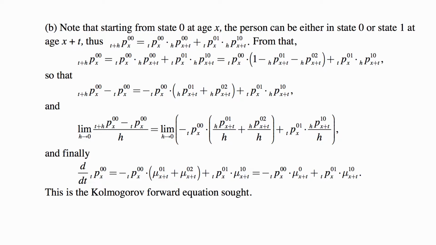If the person goes to state 2, that person will not return to state 0 at time t plus h. So for state 0 at time t plus h to happen, at time t the person can be either in state 0 or in state 1. That means, this is basically a law of total probability statement, that t plus h px00 is equal to tpx00 times hp x plus t 00 plus tpx01 times hp x plus t 10.